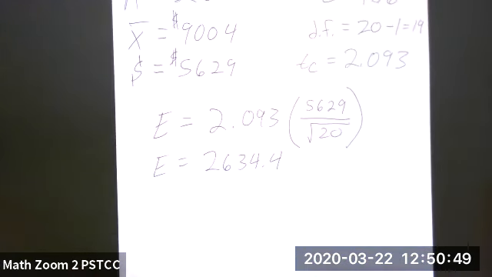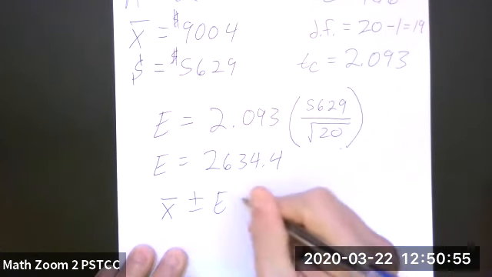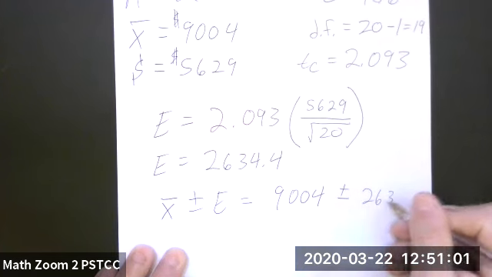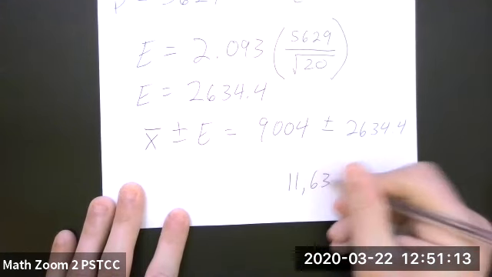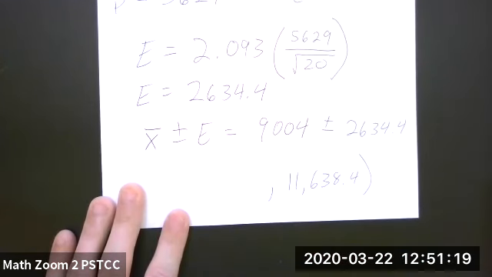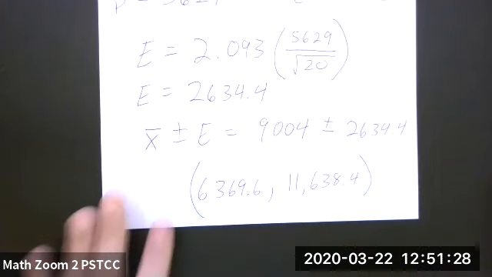Okay. Now that we have the margin of error, we can get the confidence interval. We can check this on the calculator.